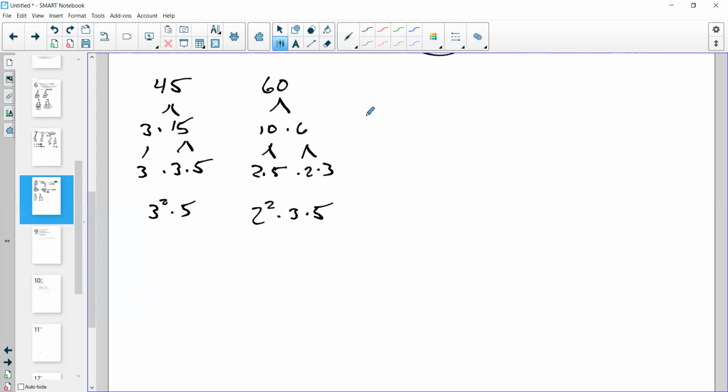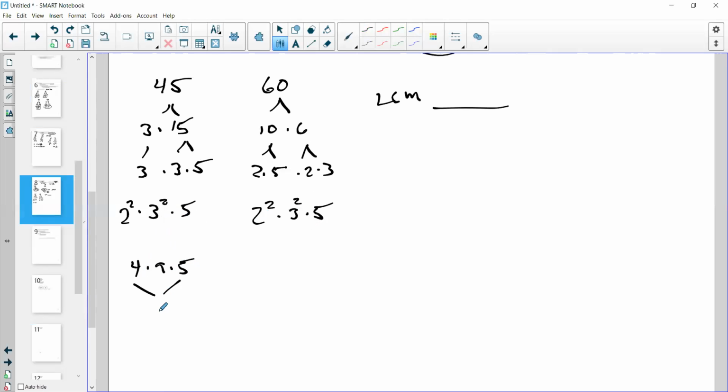And we're looking at this for our LCM. So again, we're trying to build up. This one has a 2 to the second. This one does not. So I'm going to build up with 2 to the second. This one has 3 to the second. This one only has 3, so we're going to make that 3 to the second. And this has 5, and this has 5. So let's see, we've got 4 times 9 times 5.